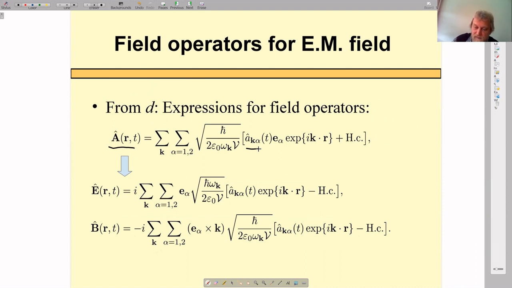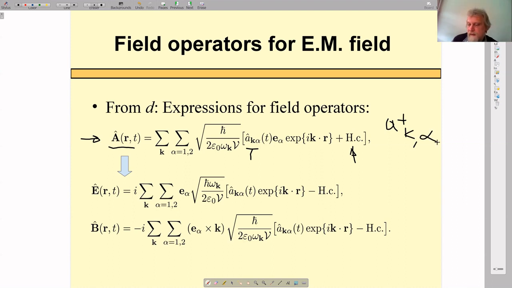Here I have only the term with annihilation operators, but what I do, I have a complex conjugation term of the same kind. I have to have it because this is a complex conjugated operator, a real quantity. And that complex conjugation part contains a delta k alpha.